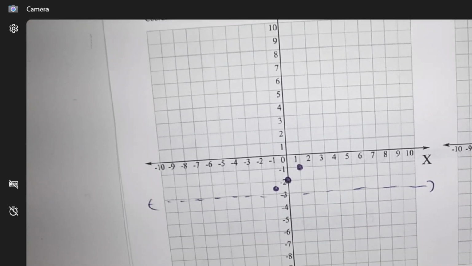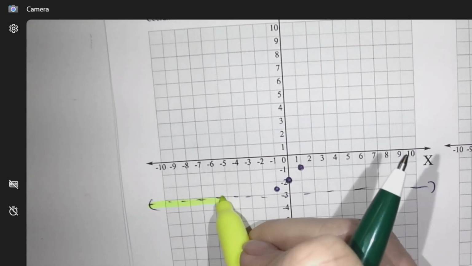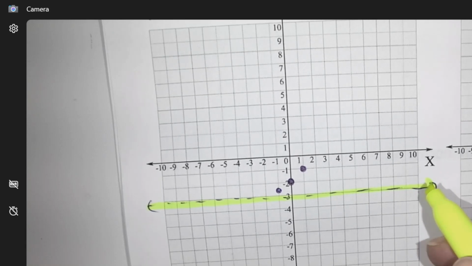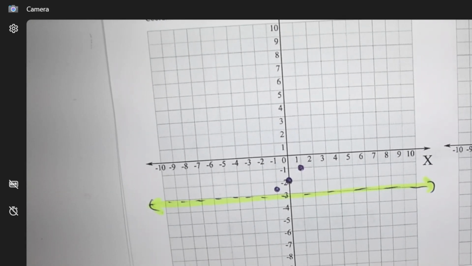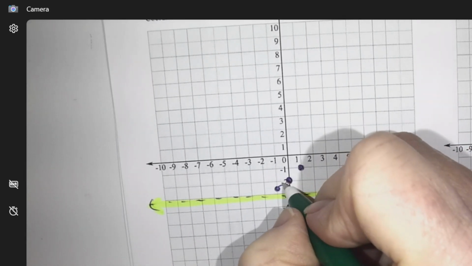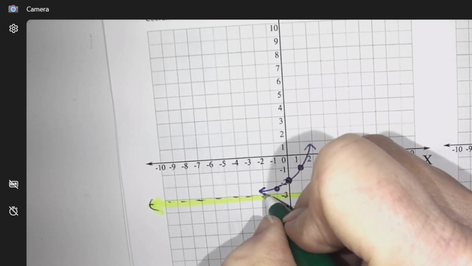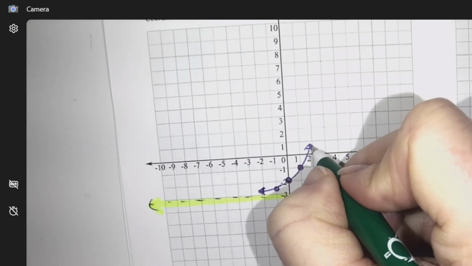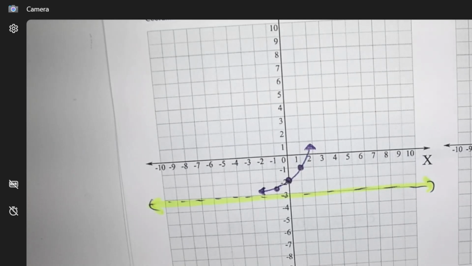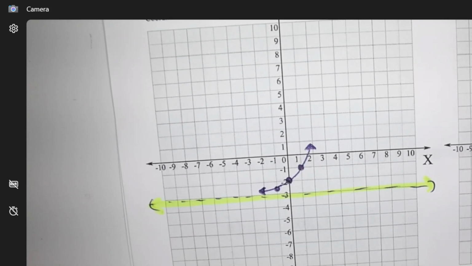It was at 0, but what did we do with transformations? Okay, good.